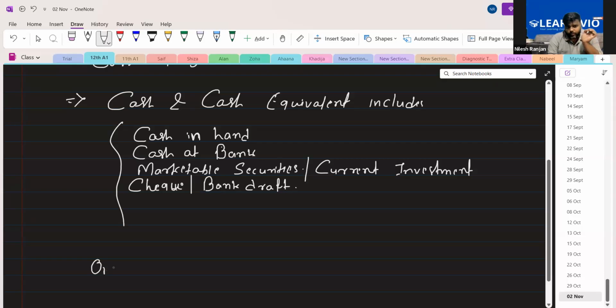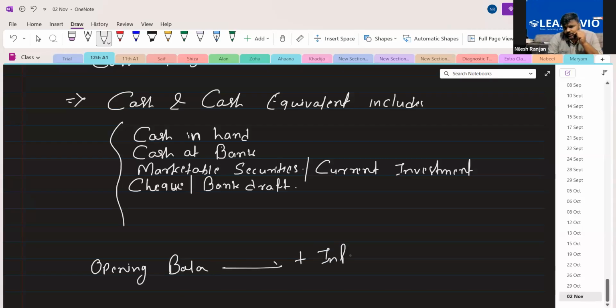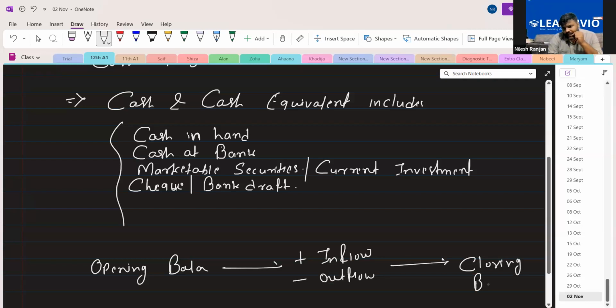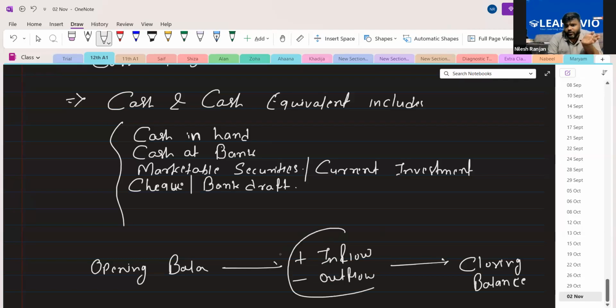Like if you have an opening balance and you adjust inflow and outflow, then you will get the closing balance. So the cash and cash equivalent I'm talking about is related to opening and closing balance. When you are talking about operating, investing, or financing, it is inflow or outflow.